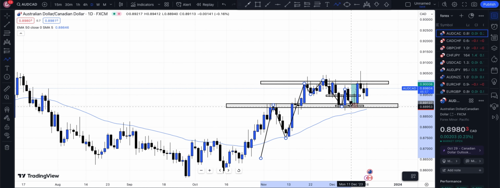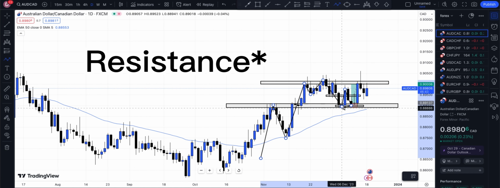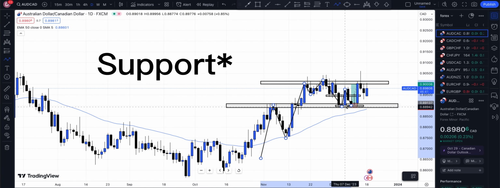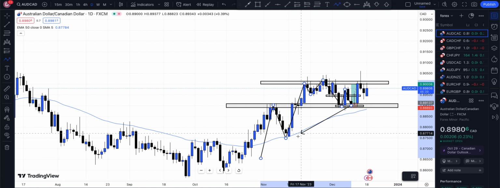We re-entered this area where, what do we see? A previous resistance area. And we also have that 50 EMA as a confluence. So now we have the previous support acting as resistance. I'm going to count that as one confluence. We have the 50 EMA right underneath price. I'm going to count that as a second confluence.